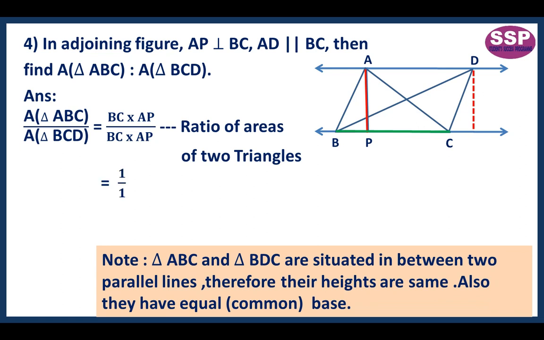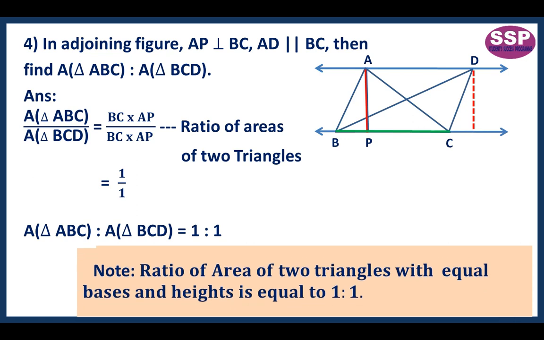As both the triangles have same base and same height, therefore ratio will be 1:1. There is another note that ratio of area of two triangles with equal bases and heights is equal to 1:1.